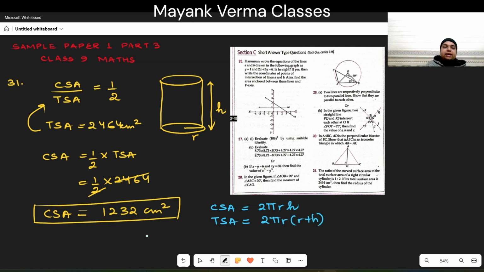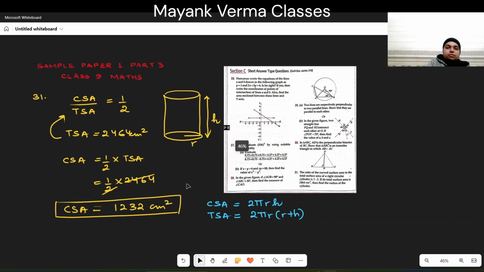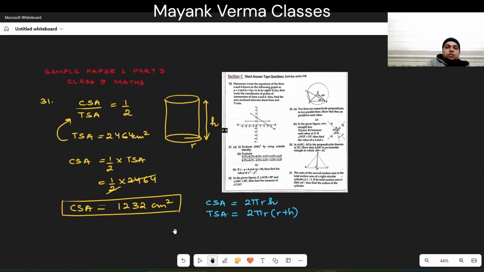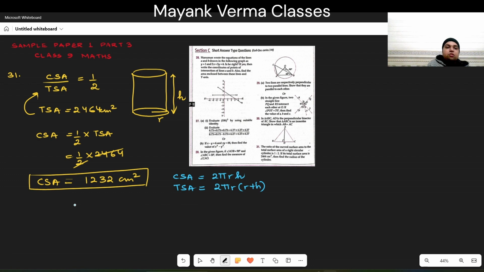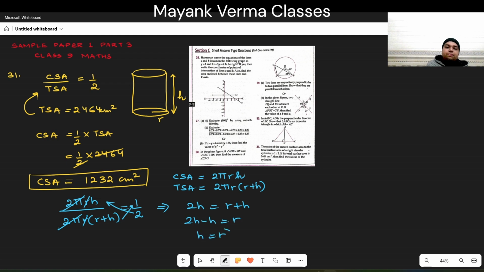So let's divide that. According to the question, 2 pi r h upon 2 pi r times r plus h is equal to 1 by 2. So 2 pi r also can get cancelled out. Cross multiply we will do. So this becomes 2h is equal to r plus h. 2h minus h is equal to r. h is equal to r.